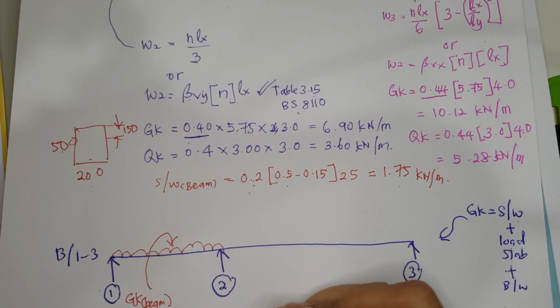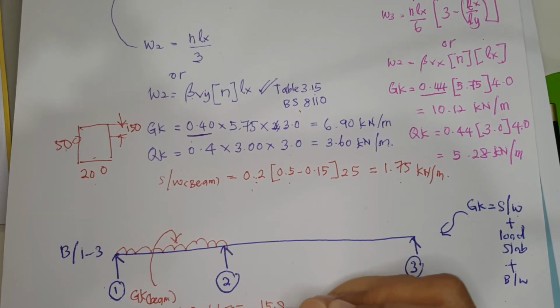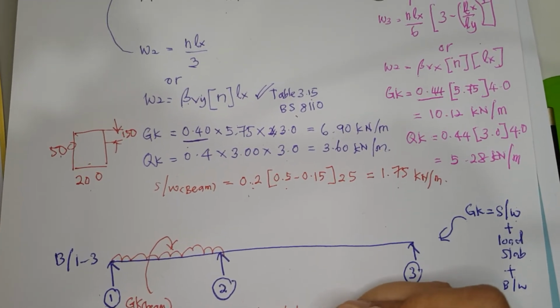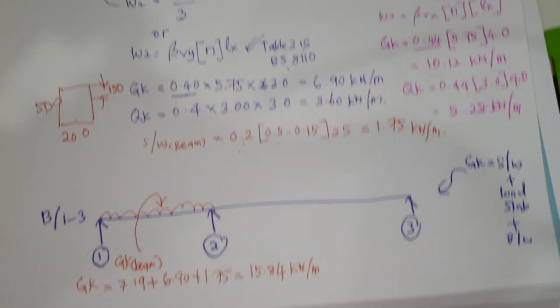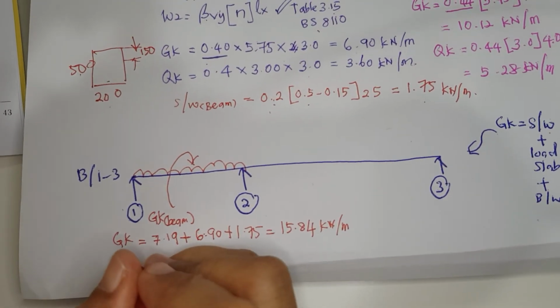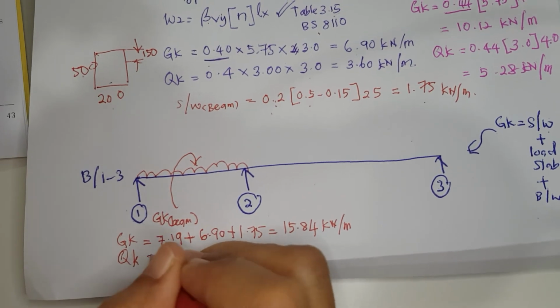So total here is 15.84 kilonewton per meter.